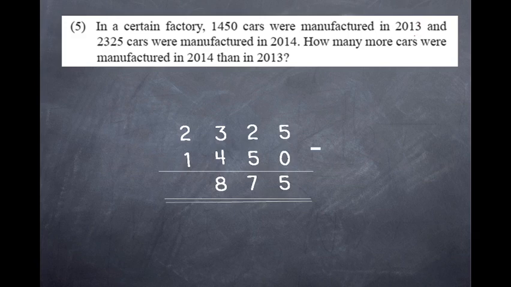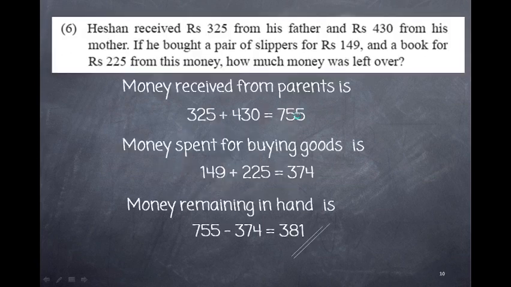So how many more cars? That means we have to reduce the cars manufactured in 2013, that is 1,450, from the cars manufactured in 2014, that is 2,325. So do the subtraction and check the answer.